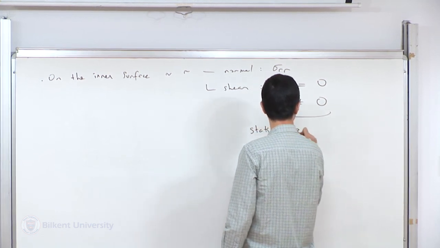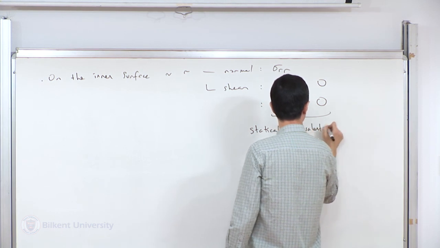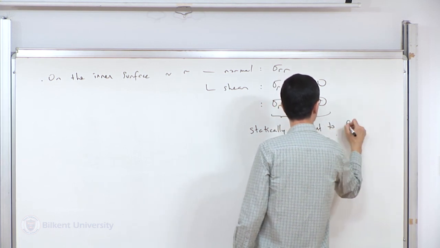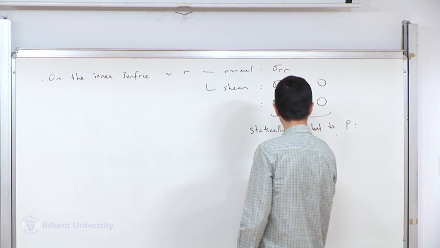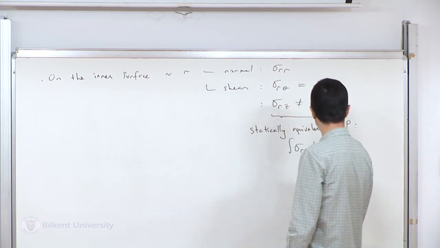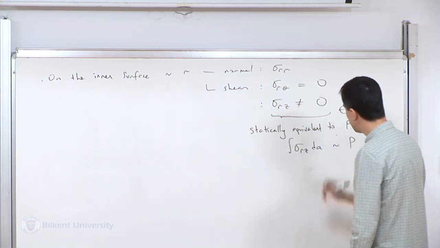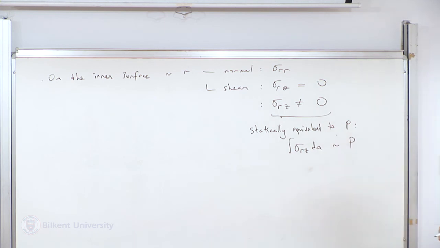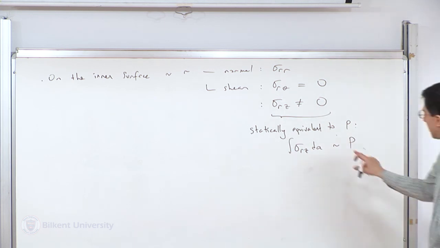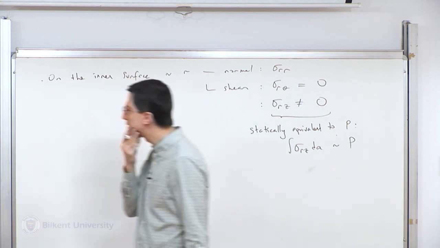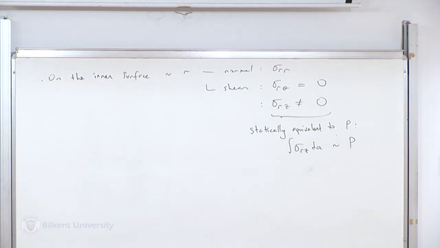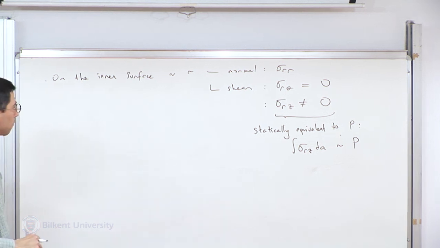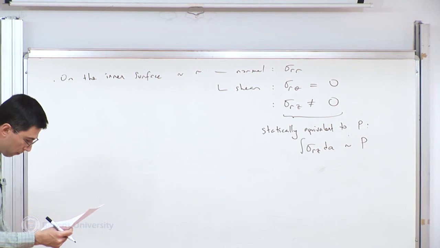So statically equivalent to P. In other words, sigma_rz integrated over the area must be equal to P. I don't say exactly equal, because there is sometimes a minus sign. We need to be careful. But it's plus or minus P. Okay, so that's the inner surface.